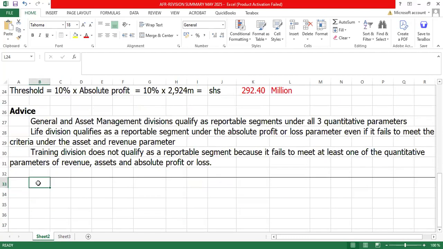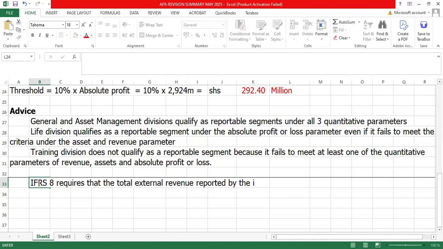After writing this, you're going to write another paragraph and say that IFRS 8 requires that the total external revenue reported by the identified reportable segments be more than 75% of the entity's total revenue.